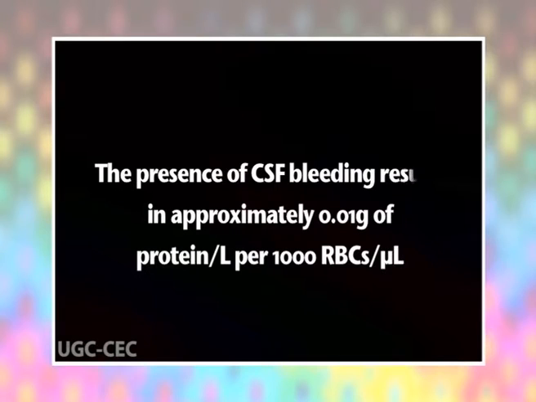The presence of CSF bleeding results in approximately 0.01 grams of protein per liter per 1000 RBCs per microliter. When assessing the potential effect of CSF bleeding on an elevated CSF protein concentration, the CSF protein concentration and RBC count should be performed on the same sample of CSF.